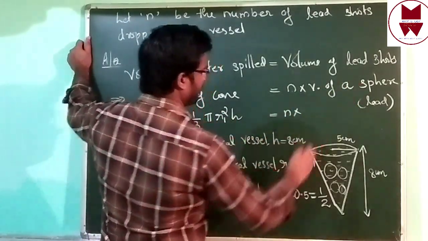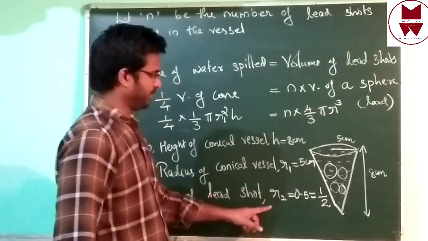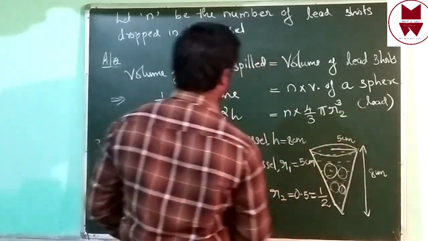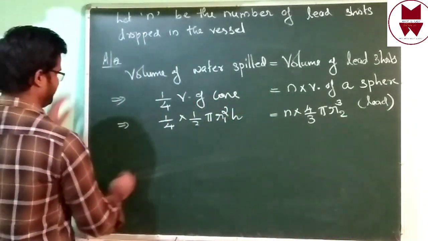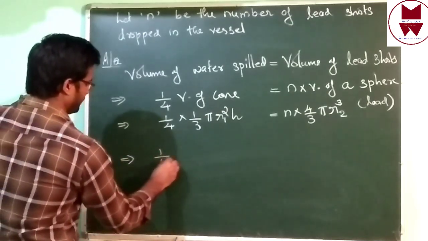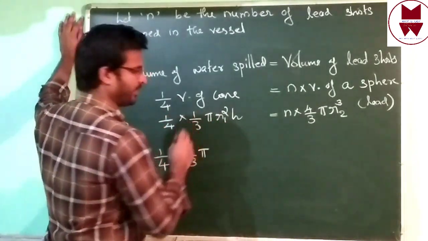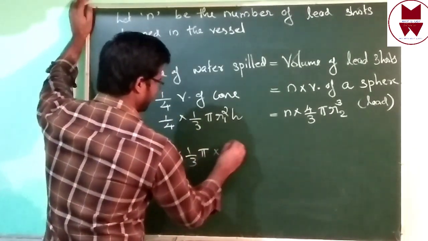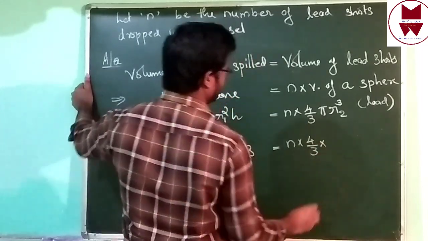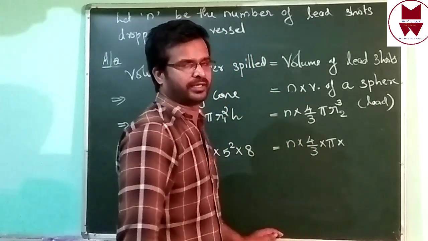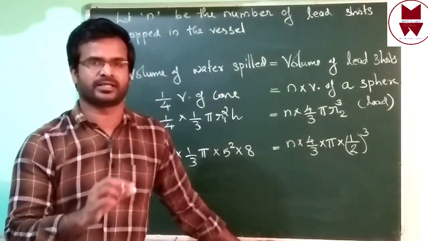Then n into volume of sphere, that is 4/3 pi r cube, with radius of sphere R2. Putting in the numbers: 1/4 into 1/3 pi into 5 square into height 8, equals n into 4/3 into pi into (1/2) whole cube, the radius of lead shot, 0.5 written as 1/2.